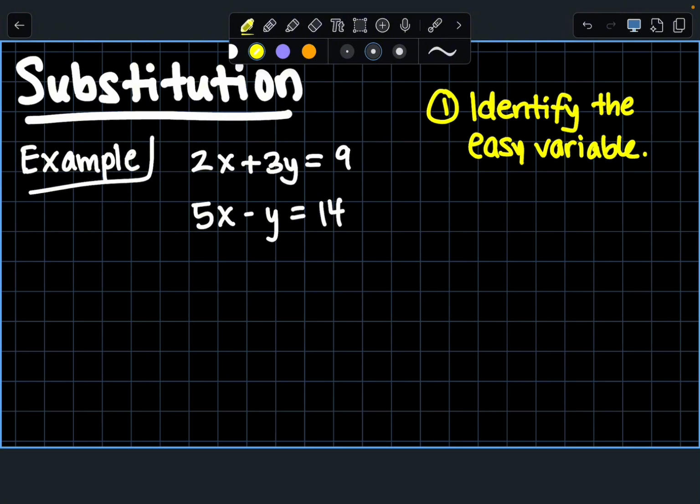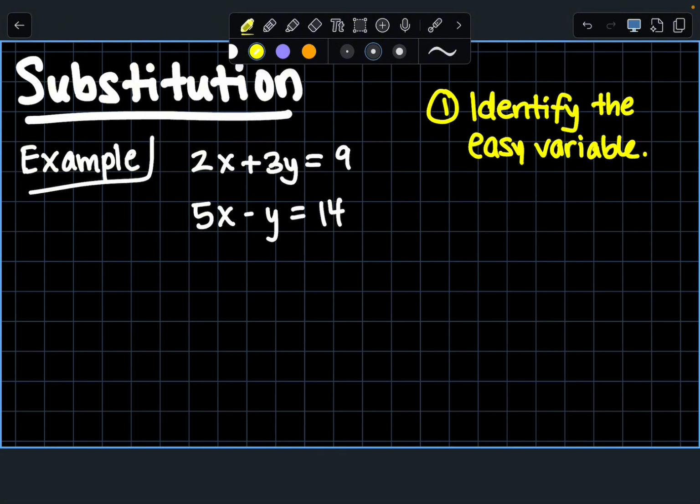You're looking for the variable that you can solve for, which is going to require the least amount of work. Typically, you're looking for a variable where you only need one single step to solve for it. Can you guys figure out which one it's going to be? Is it going to be x? Is it going to be y? What do you think, Anthony?